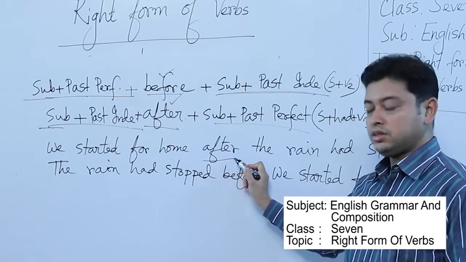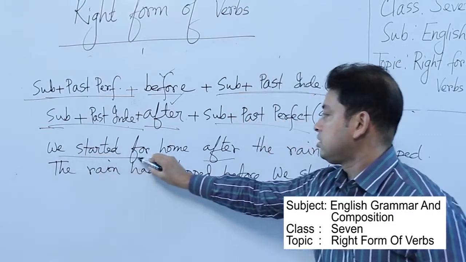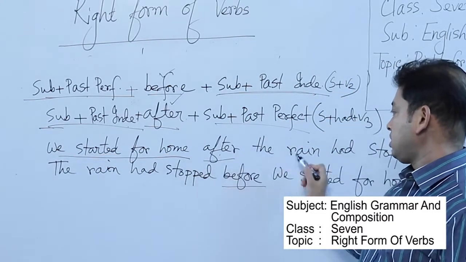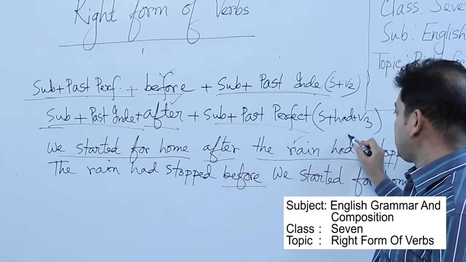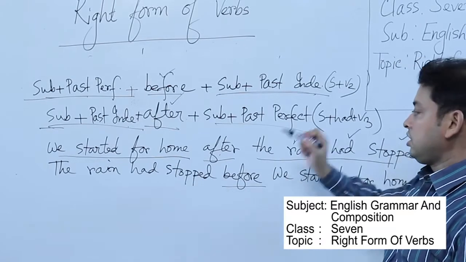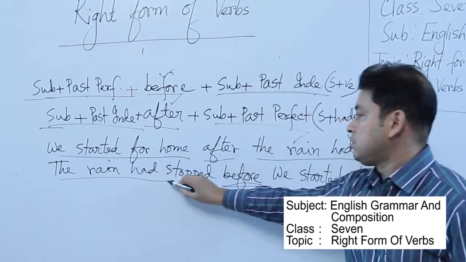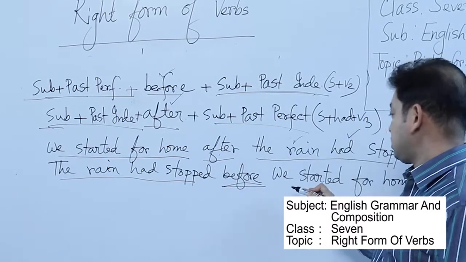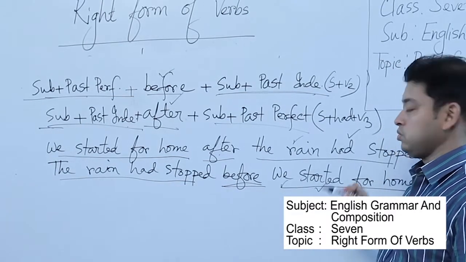See, after is there, before is there. The tense is past indefinite tense or simple past tense, and here after is there, the tense is past perfect tense. That means subject plus had plus V3. Here before is there in the middle and the tense is past perfect, and the tense of another clause is past indefinite, subject plus V2.